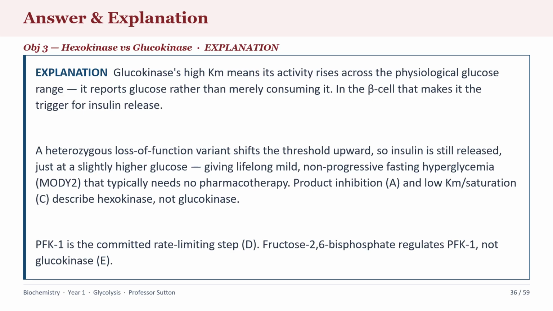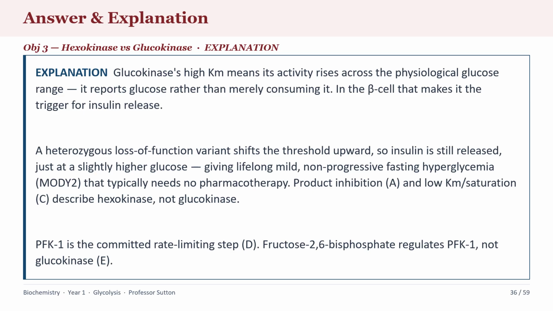Insulin is still released, just at a slightly higher glucose concentration. So you get lifelong mild, non-progressive fasting hyperglycemia without ketosis, without progression, and usually without any need for pharmacotherapy. The work is in the distractors, because that is the transferable skill.